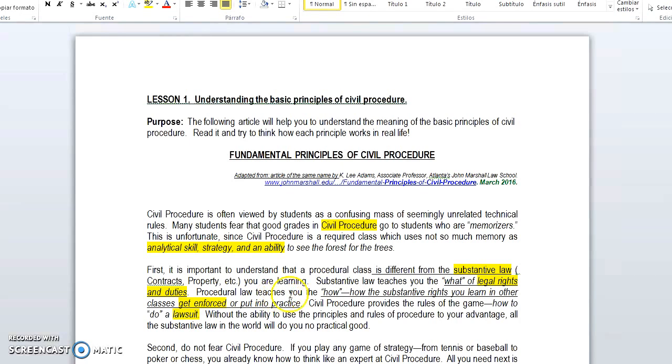Procedural law teaches you the how: how the substantive rights you learn in other classes get enforced or put into practice. Civil procedure provides the rules of the game, how to do a lawsuit. Without the ability to use the principles and rules of procedure to your advantage, all the substantive law in the world will do you no practical good.